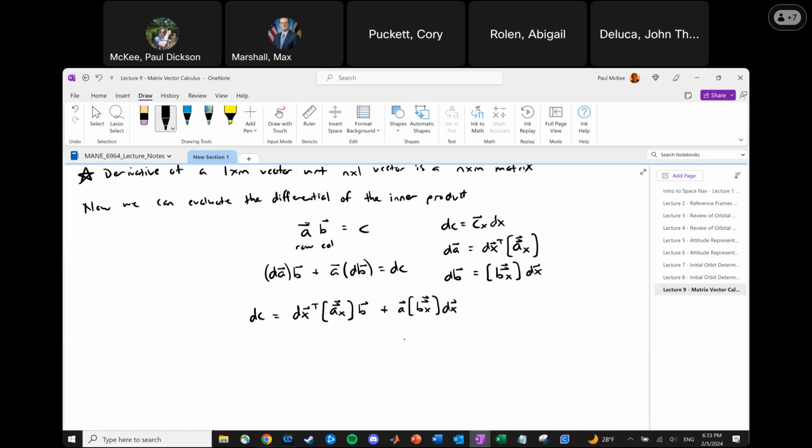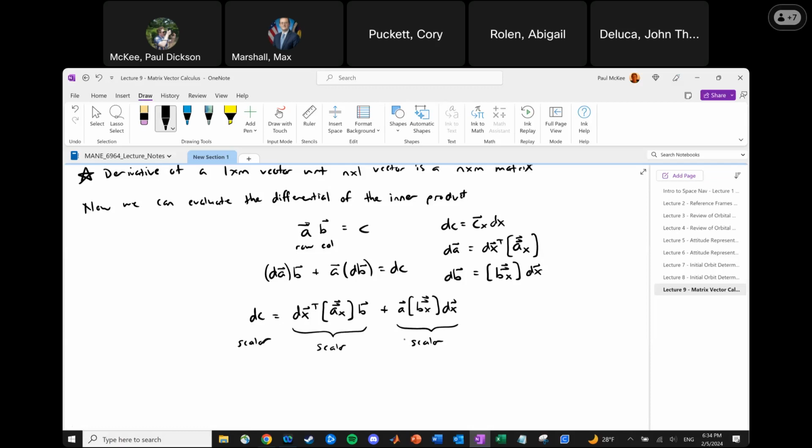And it must be the case that if the left-hand side is a scalar and the right-hand side is two things added together, that each of these terms must be a scalar. All right. So far, so good.